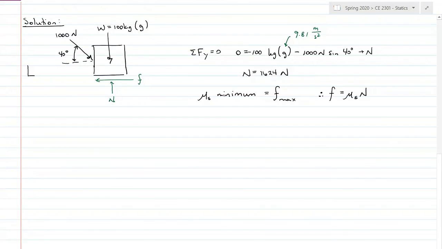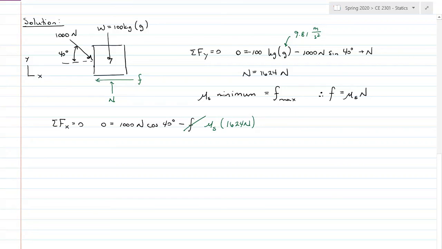And I was not good and didn't put up my coordinate system. There we go. Sum of forces in the x direction is equal to 0. 0 is equal to, I need the horizontal component, 1,000 newtons cosine of 40 degrees, minus friction, which is going to be mu s times my normal force, 1,624 newtons.